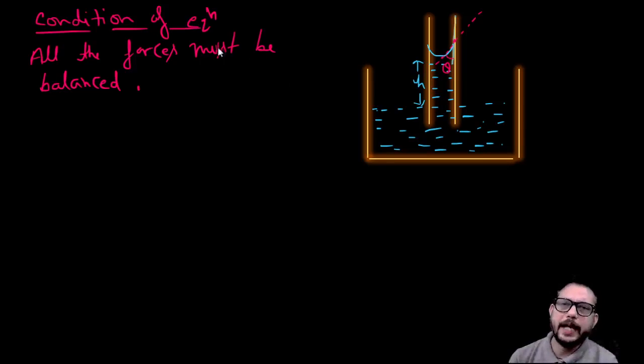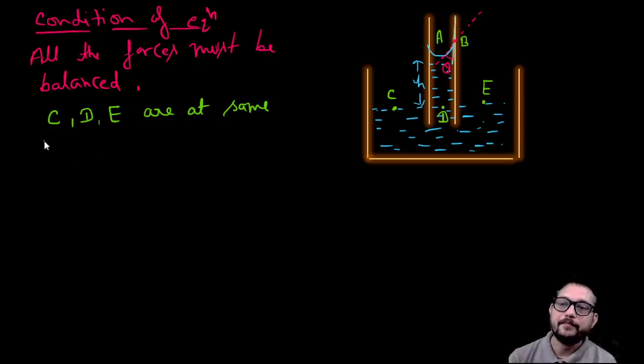As you can see here, let's suppose we have different points. This is your point A, this is the point of contact, that is point B, and here is point C, this is point D, and this is your point E. One thing is very clear: point C, point D and point E are at the same level.